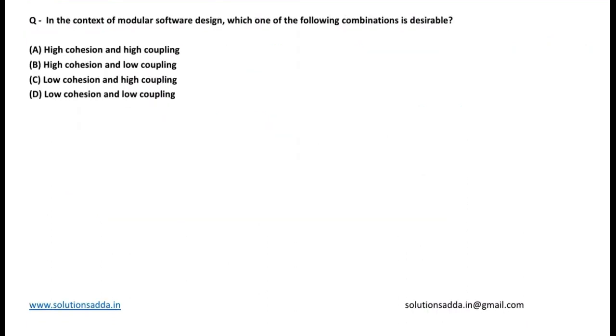This is a question from software engineering. In the context of modular software design, which one of the following combinations is desirable? High cohesion, high coupling; low coupling, low cohesion; high coupling and low cohesion; or low coupling and high cohesion. So what we know is cohesion is a measure of internal strength, while coupling is a measure of interdependency.